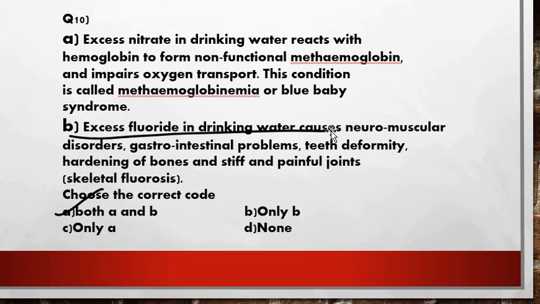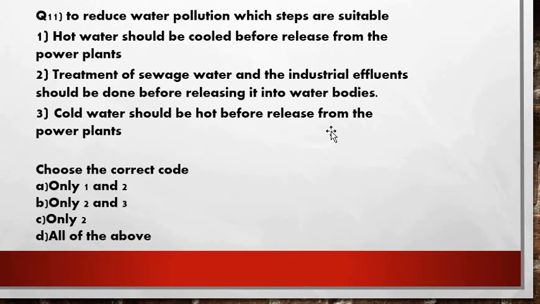So next we move further, the 11th question: to reduce water pollution, which steps are suitable? Here you have to note that the question is around water pollution. Statement 1 says hot water should be cooled before being released from the power plants.